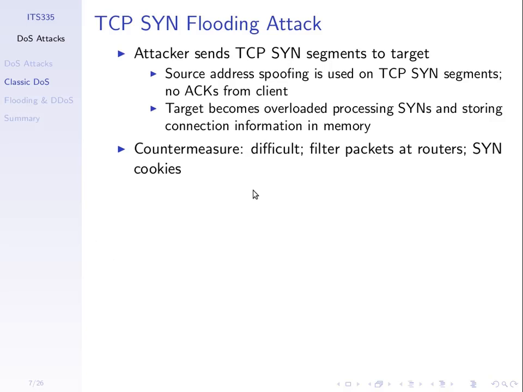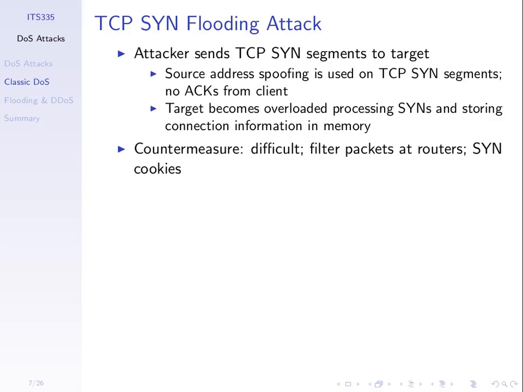How to stop this? It's not easy in some cases. There are some techniques which really require an upgrade of the TCP software, so it wouldn't handle that. And that upgrade is sometimes implemented as SYN cookies. So there's an extra check to make sure that this is really a true connection request from a client. Another way is to filter packets.